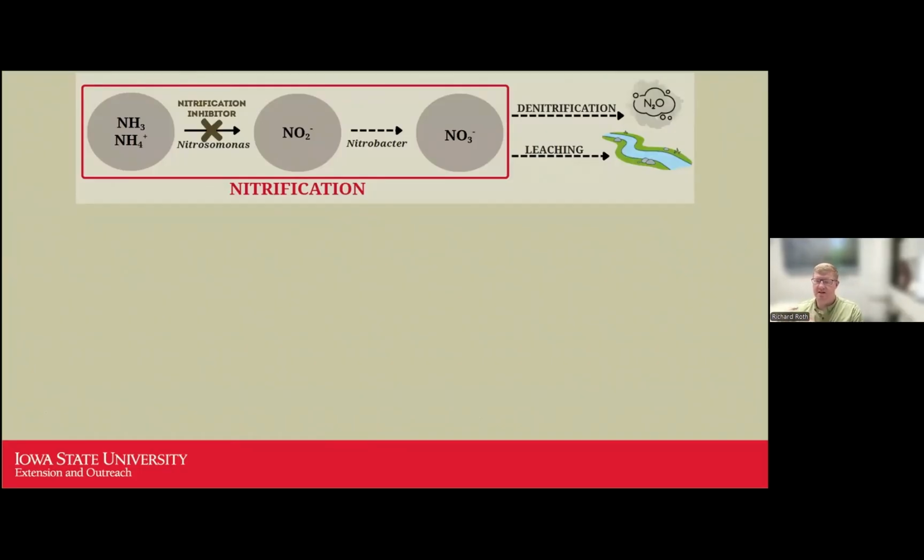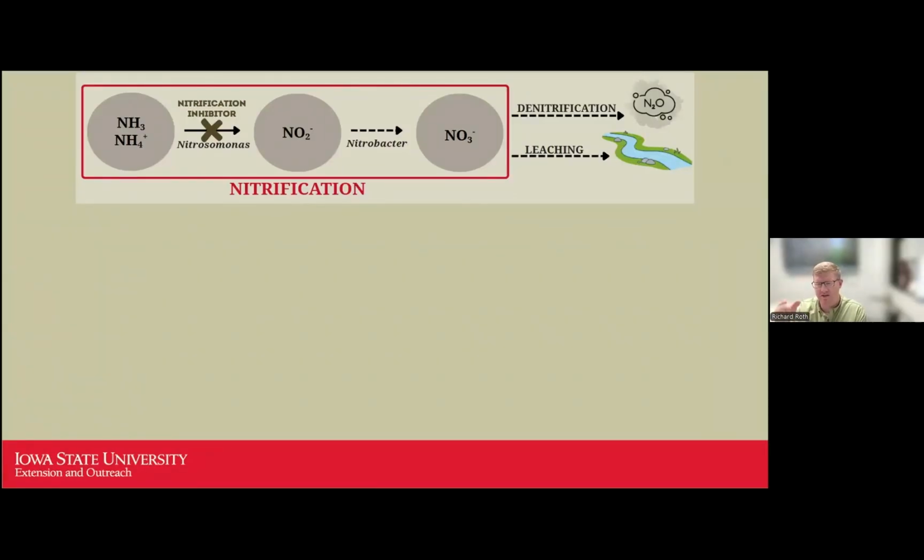And so these nitrification inhibitors attack the first step in this nitrification process for a couple of reasons. Number one is because the process can only move as fast as the ammonium can undergo that first process. But there's another reason, and that is because nitrite, that NO2 in the middle there that you see, is actually toxic to plants.